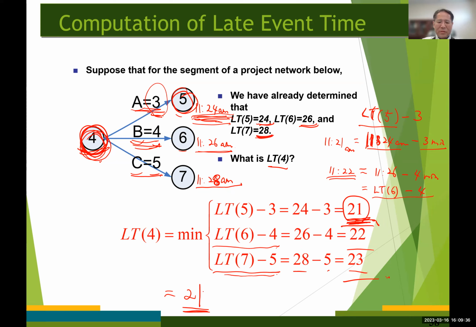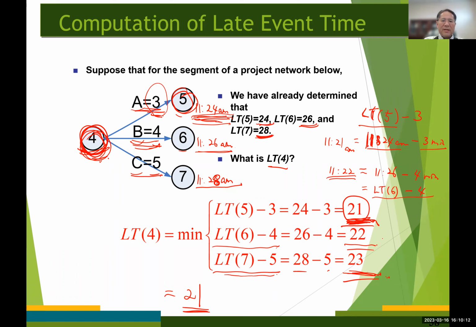Sorry, I made you confused earlier, but again, if I repeat this: if the event corresponding to node number 4 occurs after 11:21 or 11:22 or 11:23, then the completion of the project will be delayed.